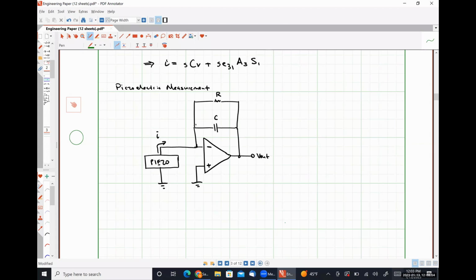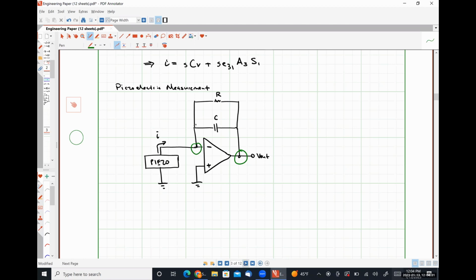I can say that I have negative feedback because the inverting input terminal right here is connected to our output terminal by some impedance, which in this case is just going to be R in parallel with the impedance of the capacitor, okay? So in a negative feedback configuration, the gain of our amplifier is defined by that feedback loop. Okay, so the open loop gain isn't going to show up in any of our equations.